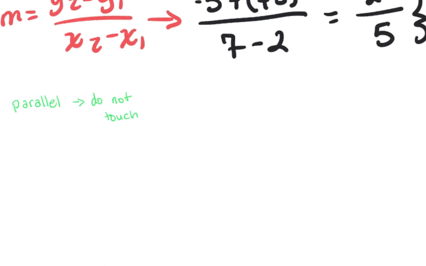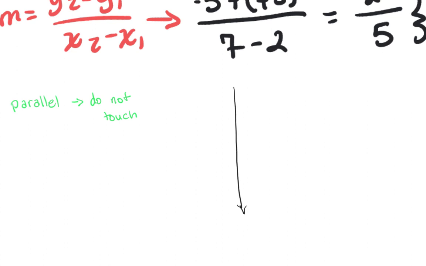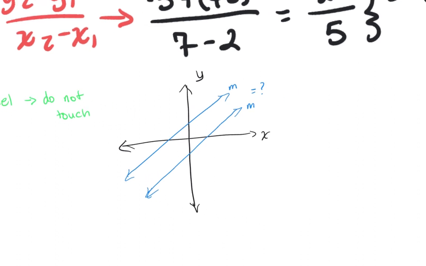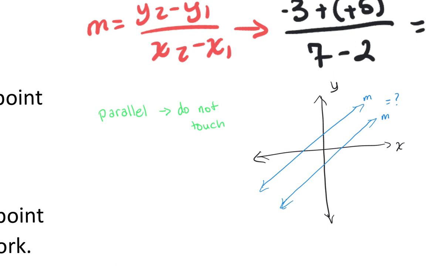So, something like a line here and a line here. They're parallel, right? Just like railroad tracks. So what does that say about the slope here and the slope here? They're the same, right? So we know that if they're parallel, slopes will be equal.